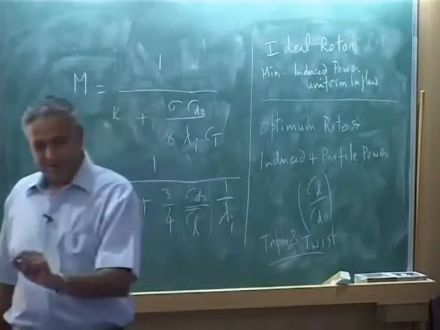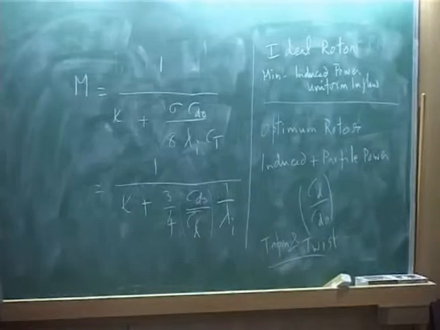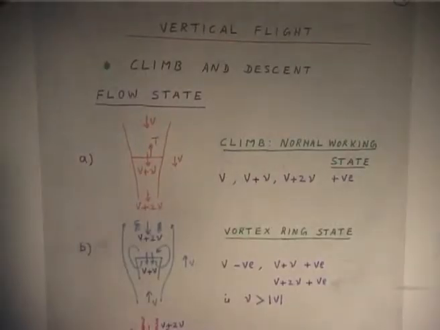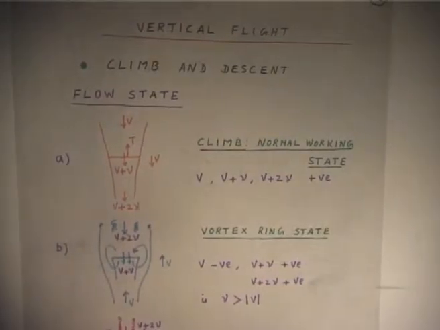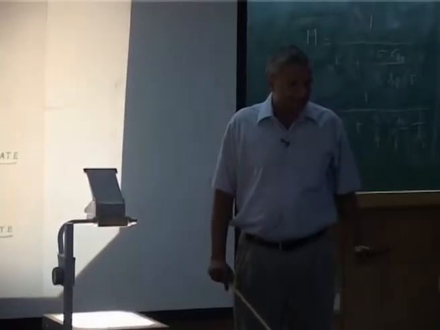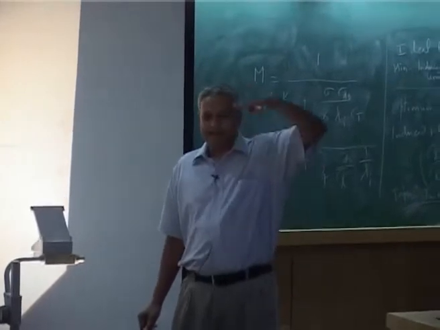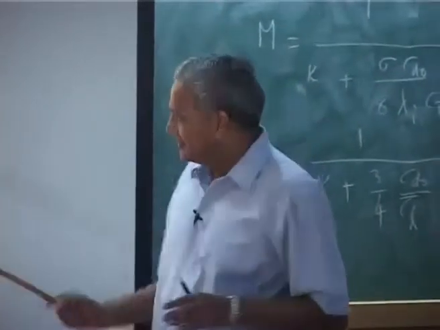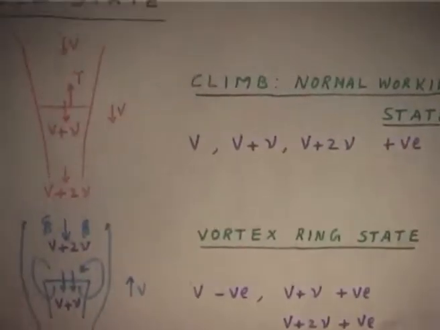Today I will introduce the basics of climb and descent, though there is a lot of discussion on climb and descent itself. When we say vertical flight, either it can go up or it can come down. You say the helicopter is hovering, you are climbing. Now, this particular diagram, there are 4 diagrams I have shown.